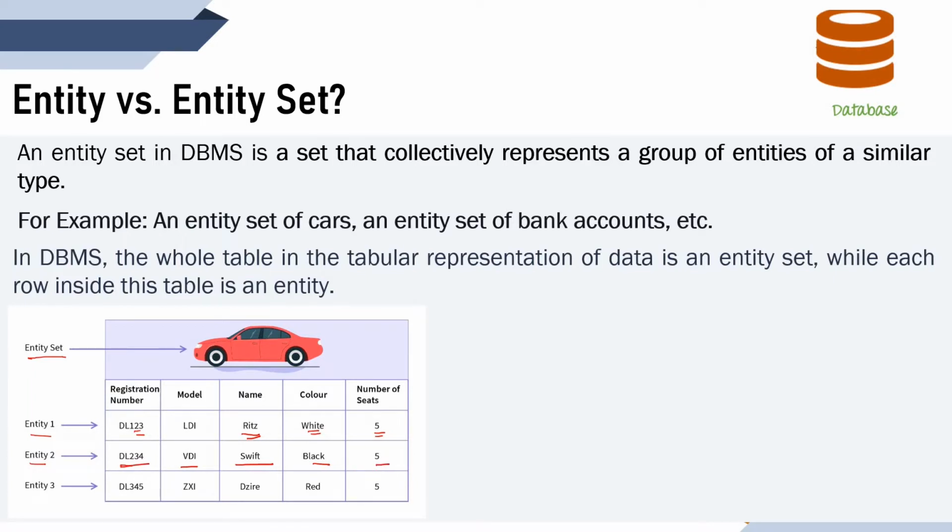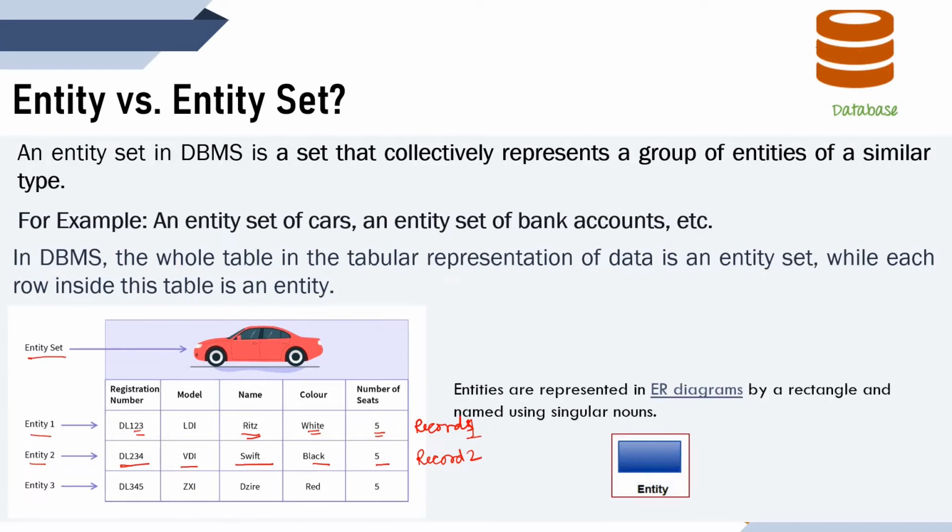So entity set is basically the set of all these cars, and each record in that entity set will be called an individual entity. So the whole table in the tabular representation of data will be called the entity set, and each row inside this table will be called an entity.